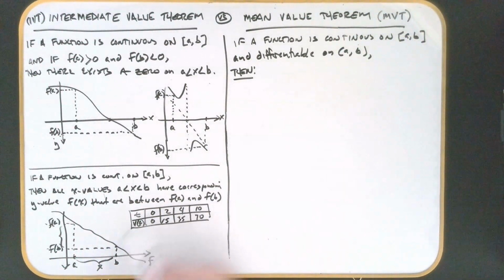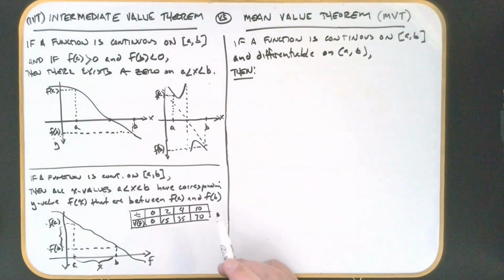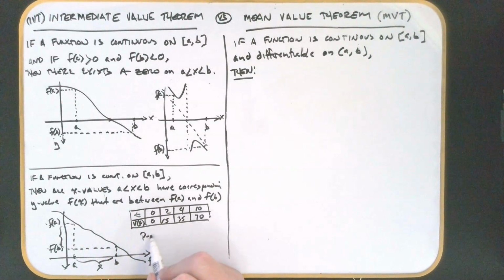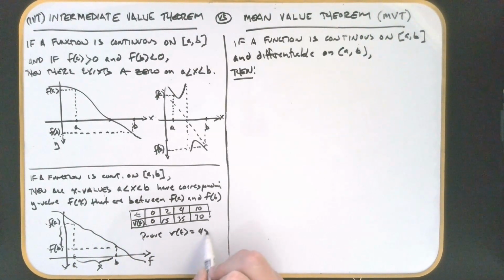So this would be the kind of problem they'd give you, and they would say, prove that at some time, the velocity is 45. Okay, so it'd say prove that at some time v of t is equal to 45.